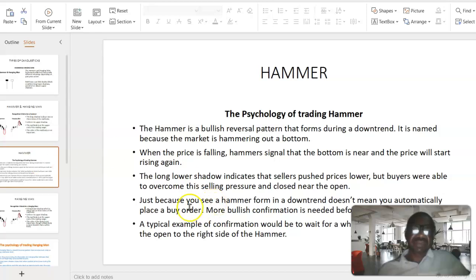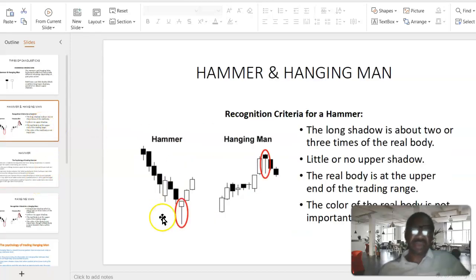The long lower shadow indicates sellers pushed price lower, but buyers were able to overcome the selling pressure and close near the open. The sellers pushed this candle lower, then the bulls pushed it back up and the candle closed here.